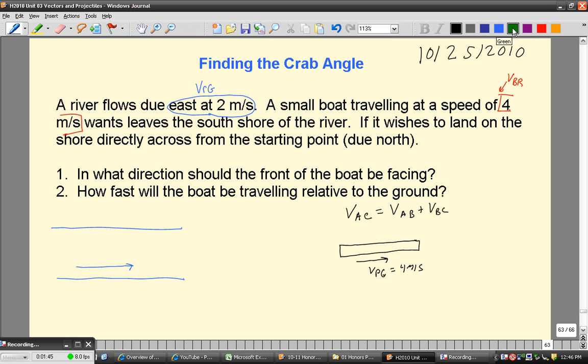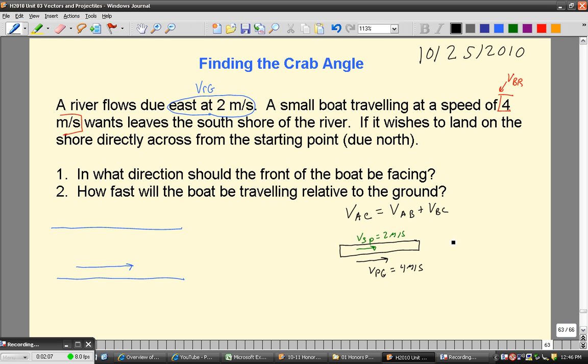And then you have a person who has a velocity relative to the people mover of 2 meters per second. So the velocity of the student relative to the people mover is 2 meters per second to the right.